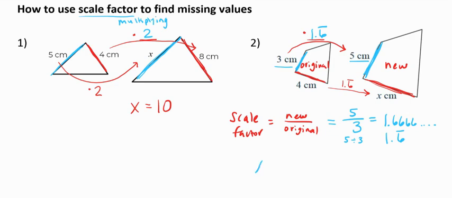Okay, so x equals 4, because that's the side over here, times the scale factor, which is 1.6 repeating. And I know it's hard to put 1.6 repeating in the calculator, so when I put it in, I'm just going to do 4 times and then just put like 4 sixes. So 4 times 1.6666.